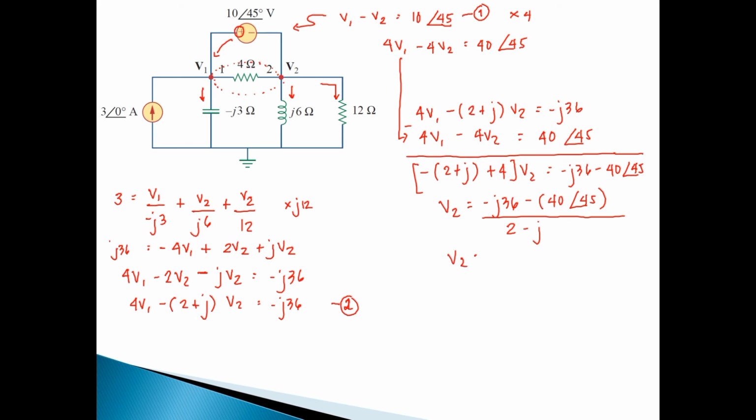So V2 is equal to 31.41 angle negative 87.18 volts.